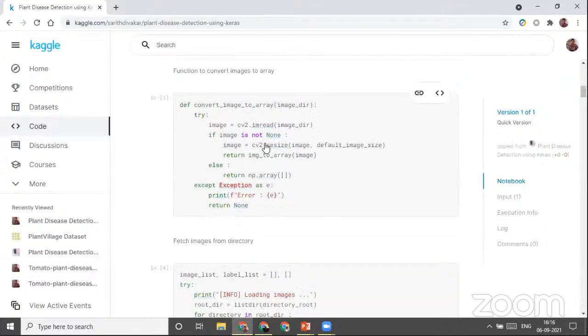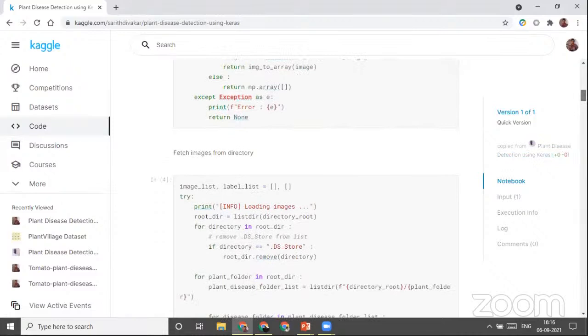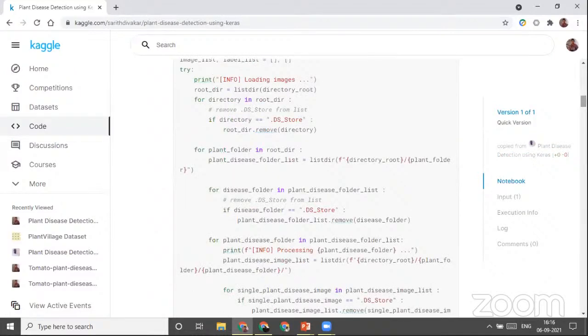And here this code is to fetch images from the directory. You are using OpenCV2, and you're reading the images from the directory. In the next code, as I said, the images are stored inside different directories, and you also have the name of the disease corresponding to each directory. But in a neural network, you cannot use the name as it is, whether it is a label or features.